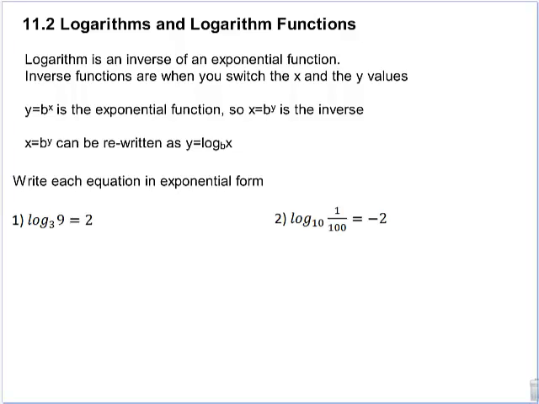Inverse functions, you just switch the x and the y values and you have the inverse function. Or if you want to look at it graphically, an inverse function is reflected across the y equals x line. So if this is your exponential function, that would be a decay one, right?